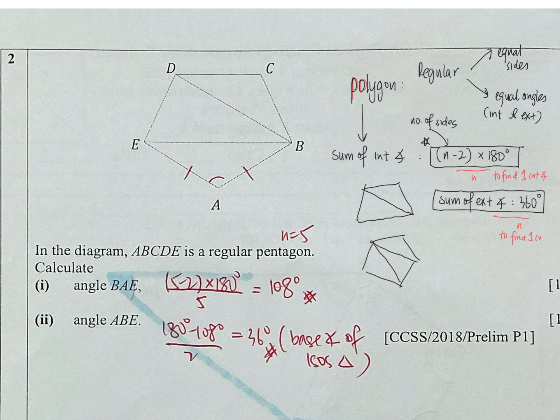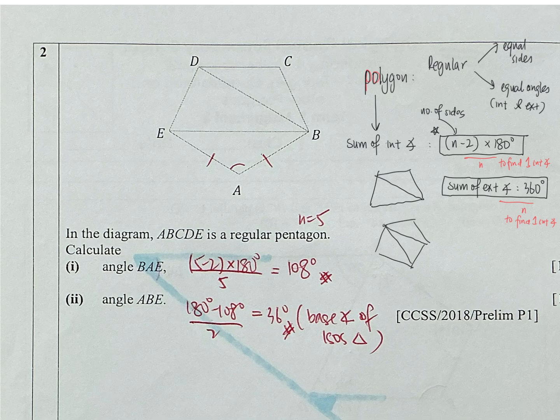Okay, so this shape, question one, they tell you pentagon. Although if you don't memorize it, you go to the diagram, you can count how many sides there are. So 1, 2, 3, 4, 5 sides. You know n is 5. So if you want to find BAE, this is one interior angle.